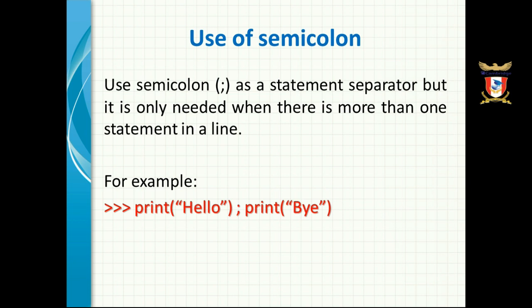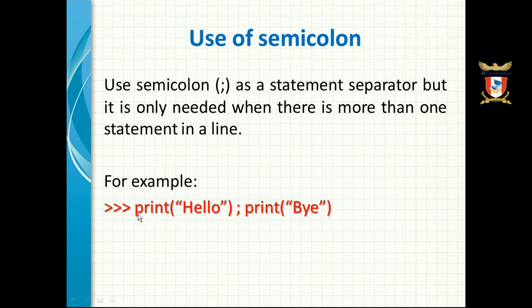But if you want to write more than one statement in a single line and want to place a termination point in between those statements, then you can use semicolon. In this example, we have print hello, and print bye. These are two different statements.